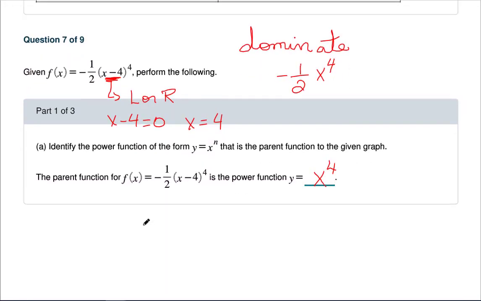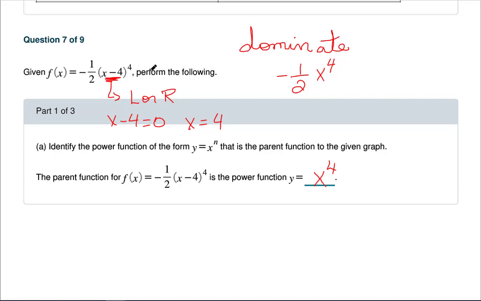All right, what about question 7 here? Looking at question 7, I've got -1/2 (x minus 4) to the 4th. Well, the dominant part is going to be -1/2 x to the 4th. So it is a flipped over x to an even power.